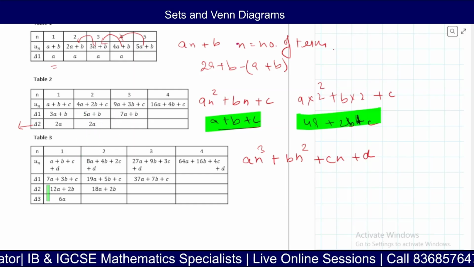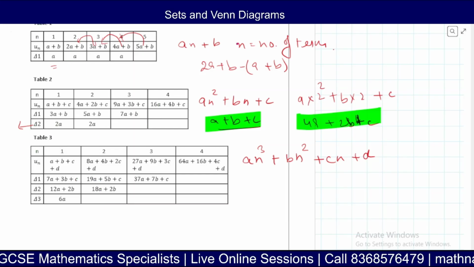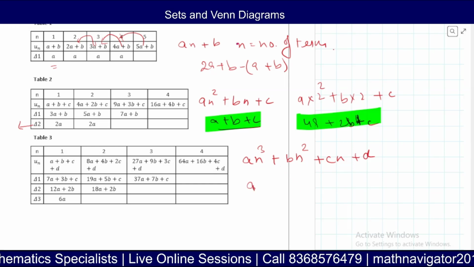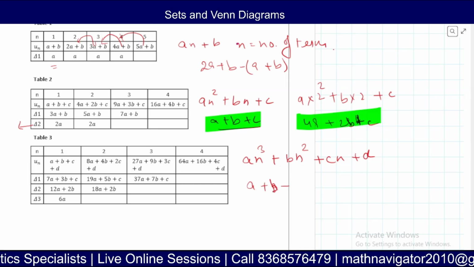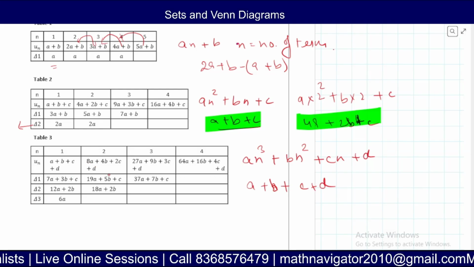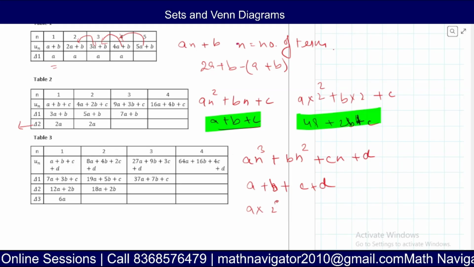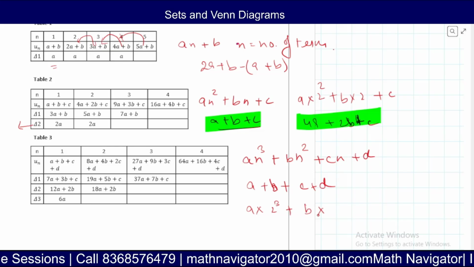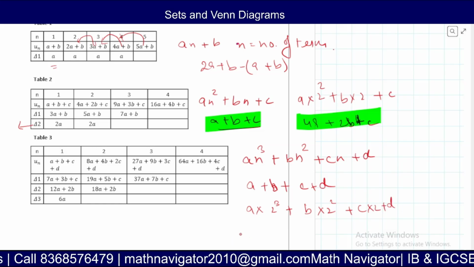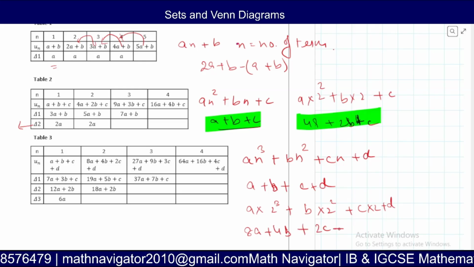Got it? Same way in the third one. My general formula is an cubed plus bn squared plus cn plus d. My first term will be a plus b plus c plus d, right? And my second term will be a times 2 cubed plus b times 2 squared plus c times 2 plus d, which is 8a plus 4b plus 2c plus d.